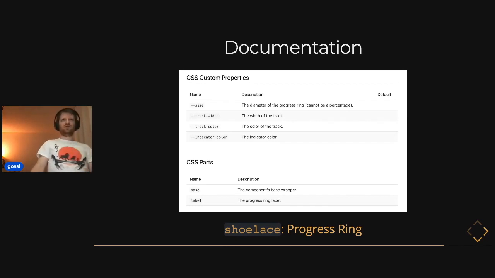And here, on the documentation page, in this case for the progress ring component, they outline the CSS custom properties, what the names and descriptions are, and what the possible default value is, as well as the parts that are available to use for styling.